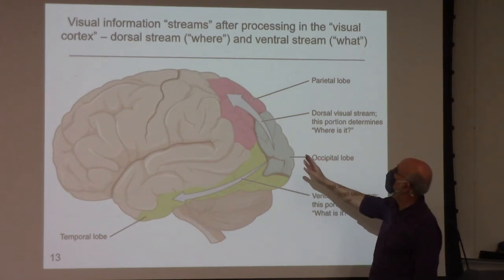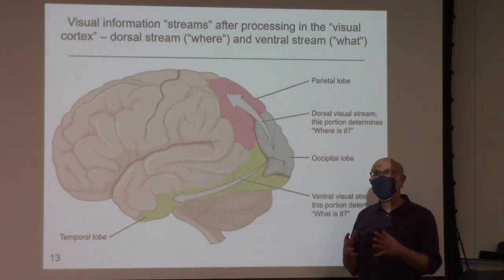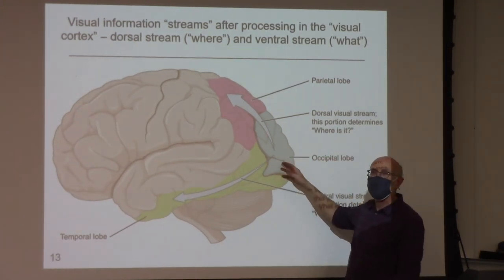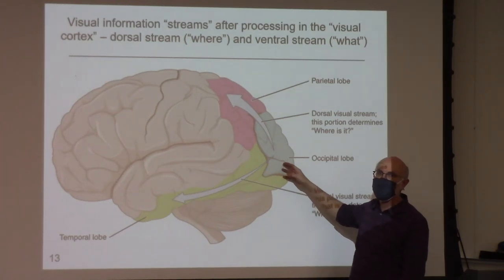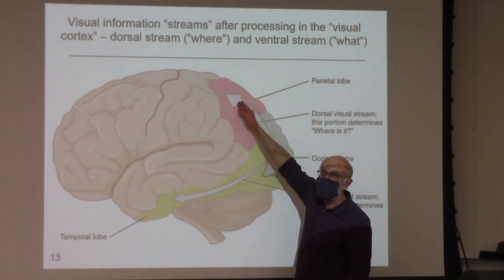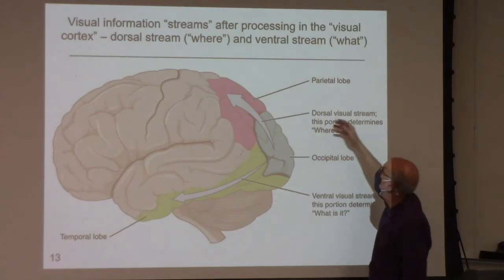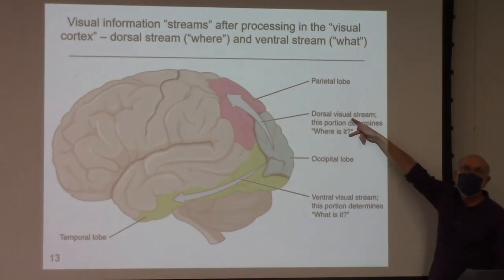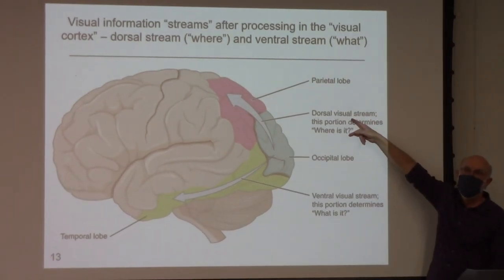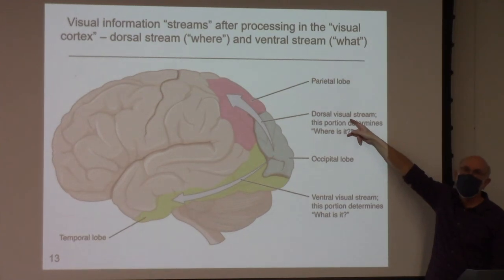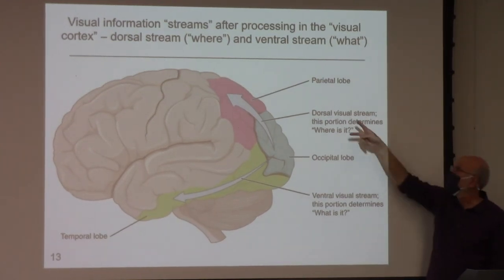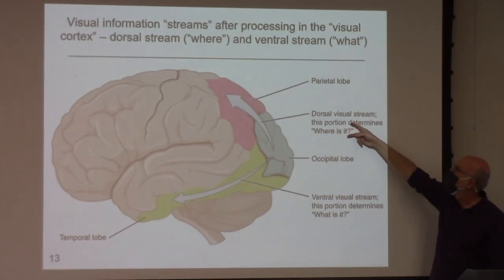So there is a stream, that is to say, axons carrying information from the cells of the primary visual cortex to the parietal lobe that is primarily interested in where, the location of whatever it is I'm thinking about or seeing. Where is it?